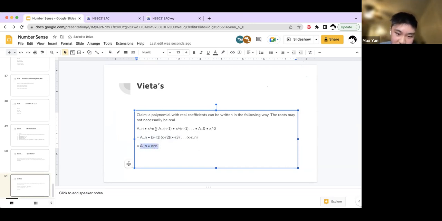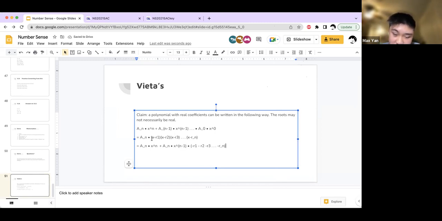Now this term is exactly the same as this term, but now we're going to do something interesting. The next term will be a_n times x to the power of n minus 1 times negative r1 minus r2 minus r3 minus r_n.